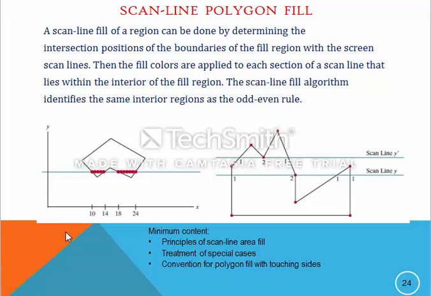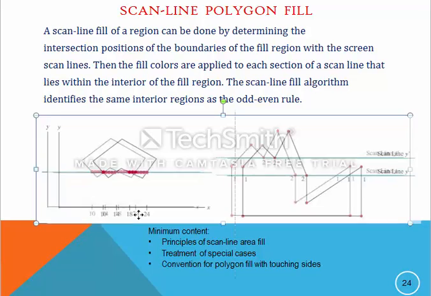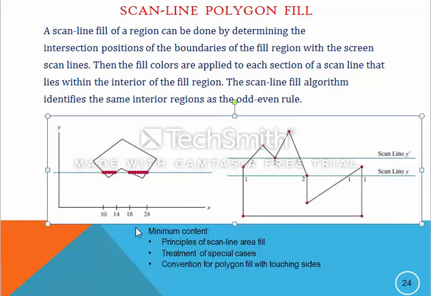In this figure, the 4 pixel intersection positions with the polygon boundaries define 2 stretches of interior pixels. Thus, the fill color is applied to the 5 pixels from x equal to 10 to 14 and x equal to 18 to 24. If a pattern fill is to be applied to the polygon, then the color for each pixel along the scanline is determined from its overlap position with the fill pattern.